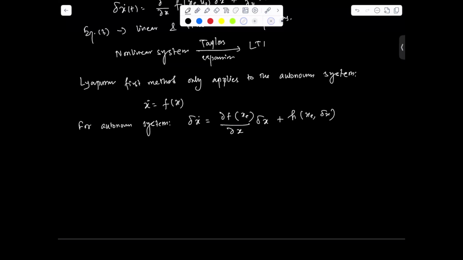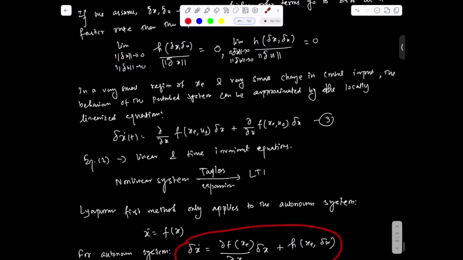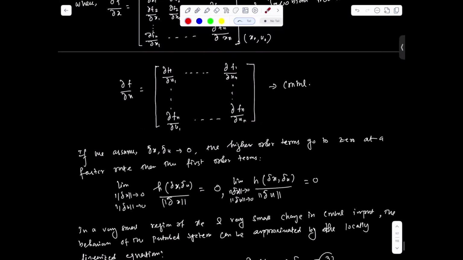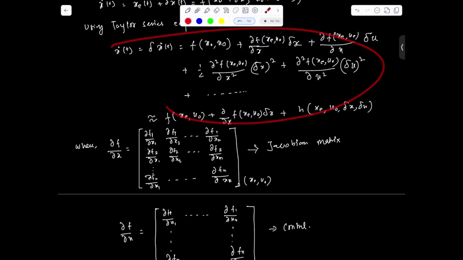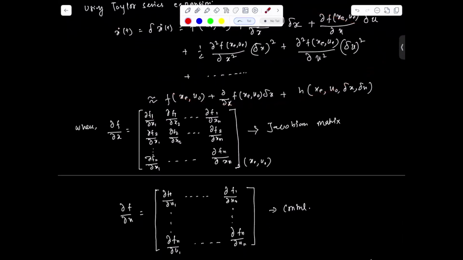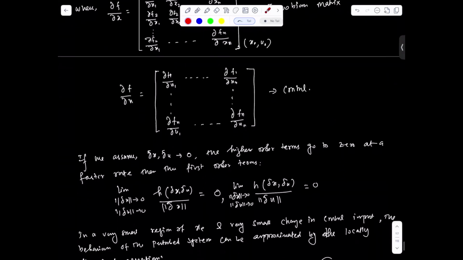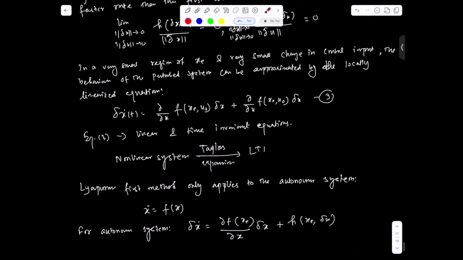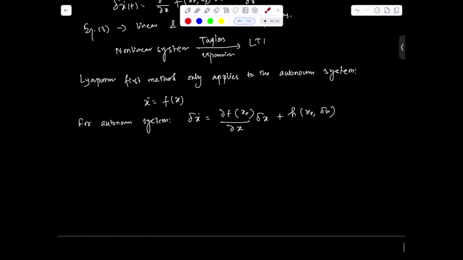It is easier if you consider an autonomous system. So we'll have that expression instead of this one, right? Basically u naught will not be there, so the derivations will be easier for the autonomous system.